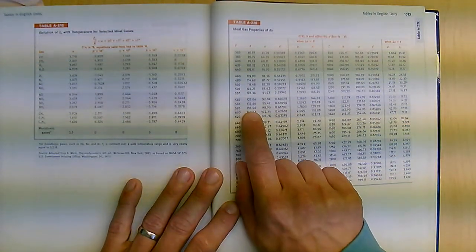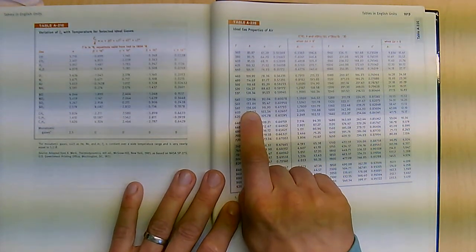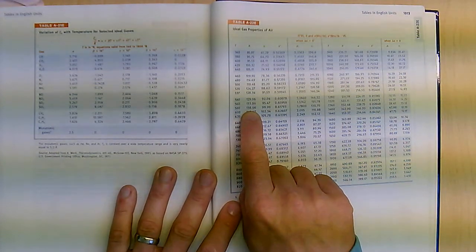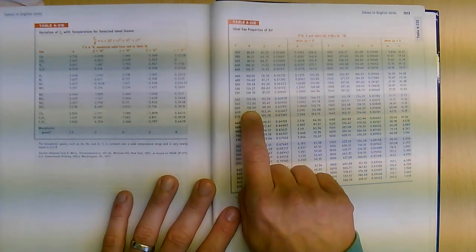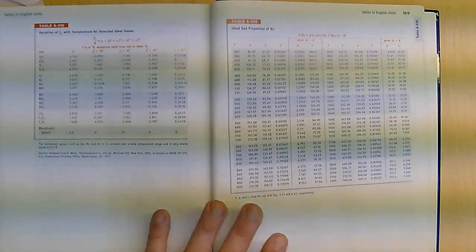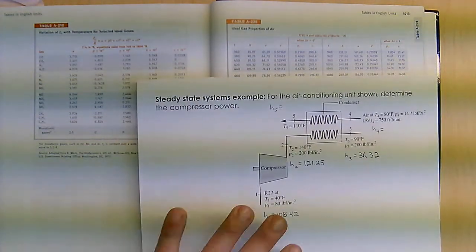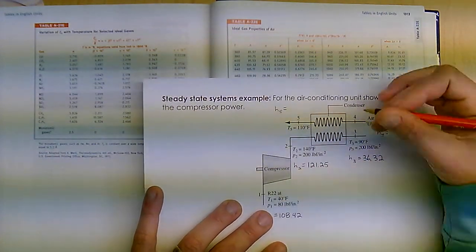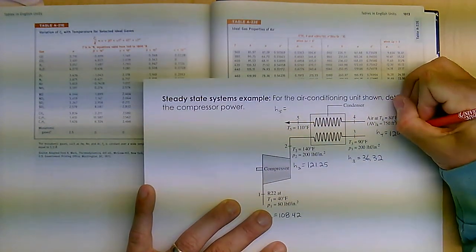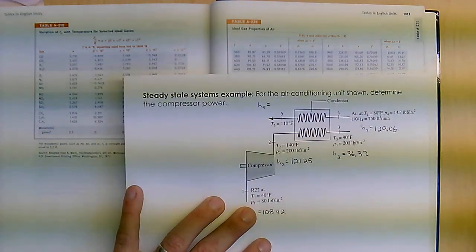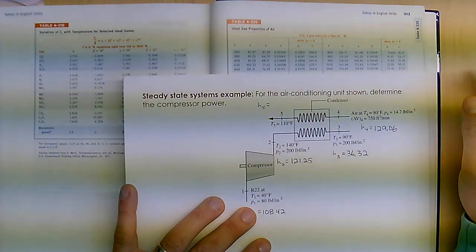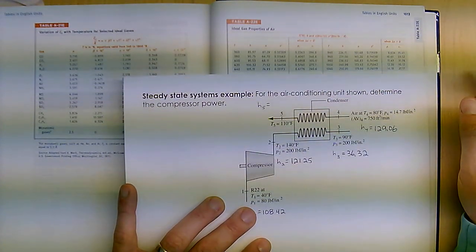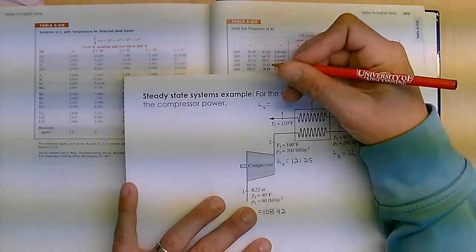I don't have it directly, but I can interpolate, and I get 136.24, or 26. So let me go ahead and jot those guys down. Okay, so H4 is 129.06, and then H5 is 136.26.